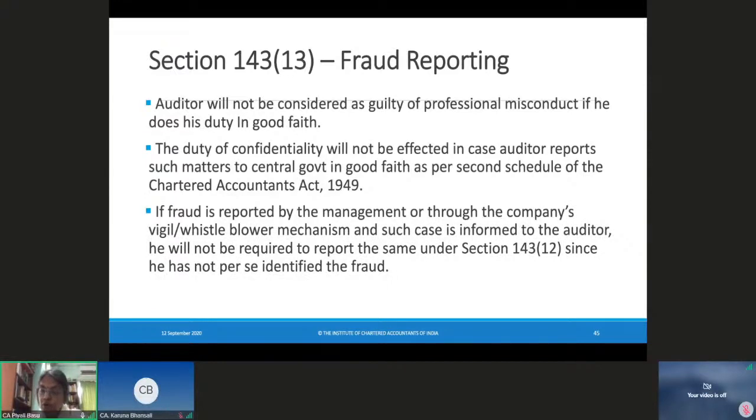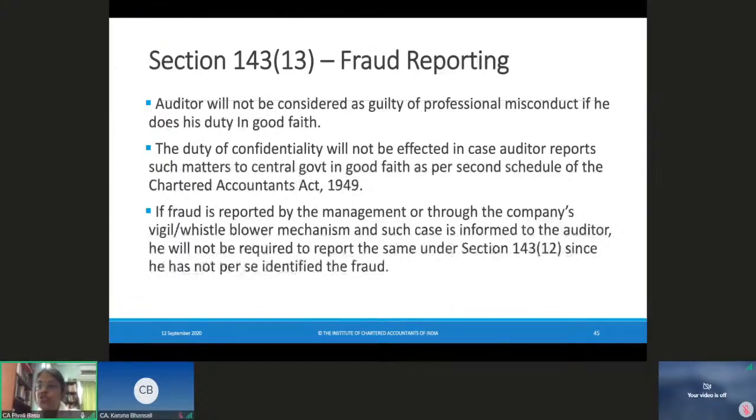And not to forget confidentiality: we are not supposed to disclose information to others unless it is required by law or by the statute. This is one such case, because a fraud has happened, we have to produce a lot of evidence supporting our suspicion that a fraud has happened.